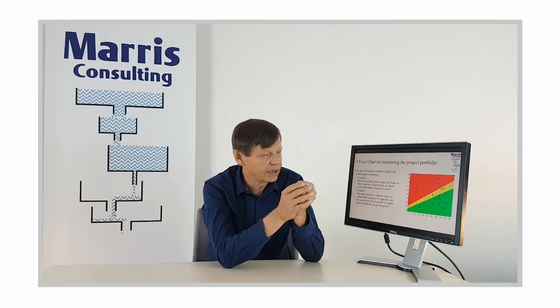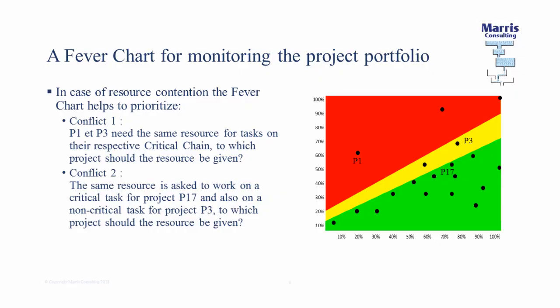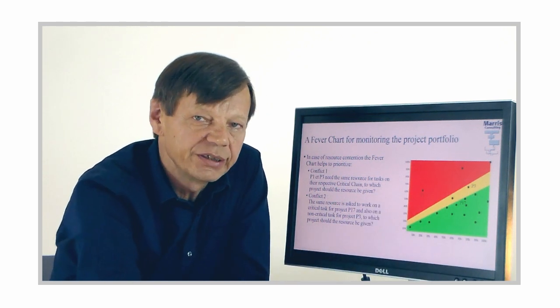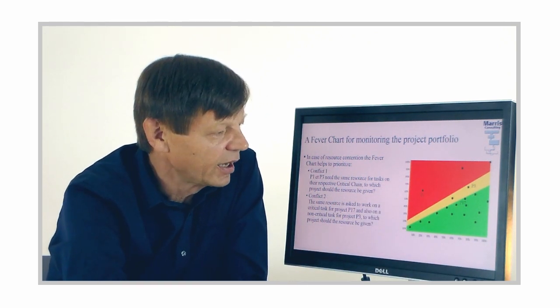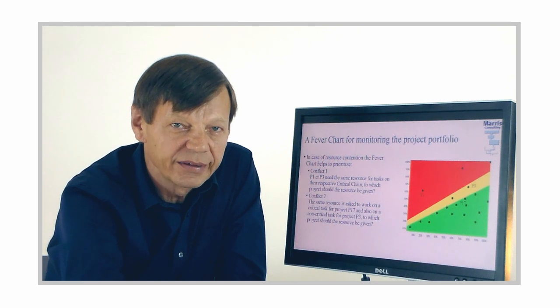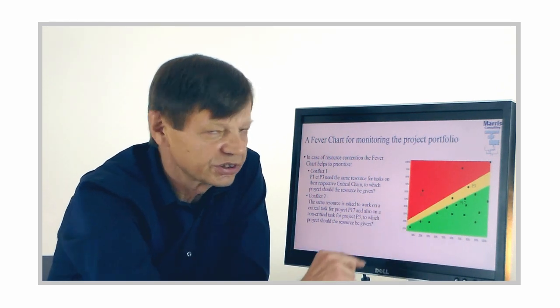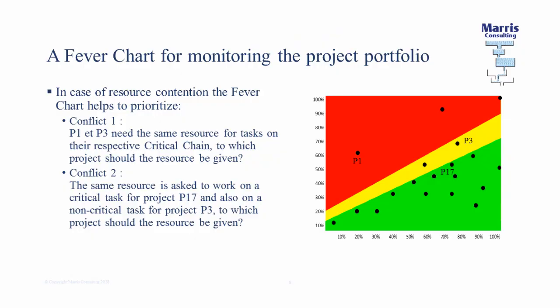Okay, let's take 2 simple examples. We've got project 1 that's here and project 3 that's there. Okay, they both need to be worked on by the same person, Susan. Okay, she has to do these 2 tasks. She arrives on Monday morning, and she has these 2 tasks to do. Which one of the 2 should she work on?